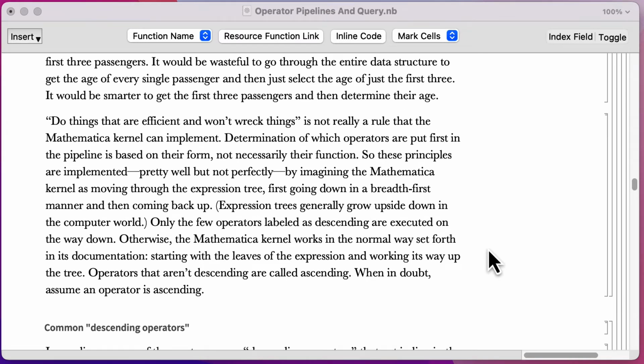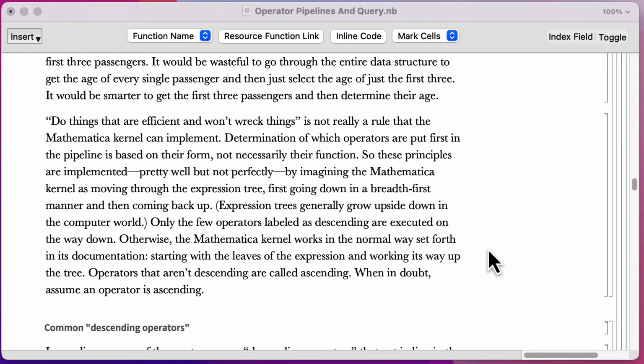But you can't just implement a concept, you have to have something concrete. And so the way that Wolfram does it is to look at the operators and based on their form decide that certain of them should cut ahead in line. And the idea is that Wolfram sort of descends through the expression tree, and ordinarily it doesn't do anything until it comes back up.